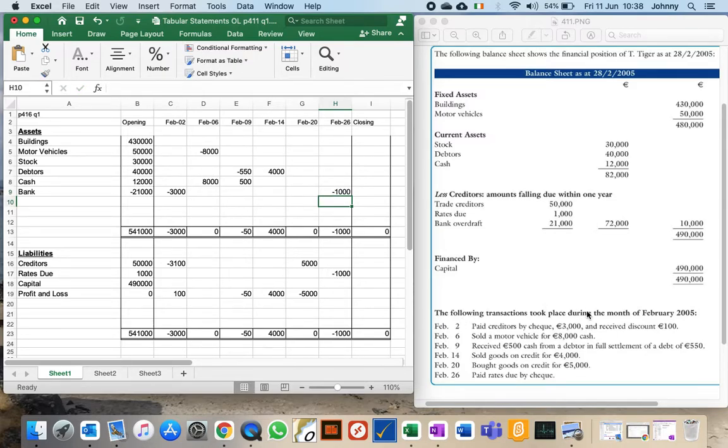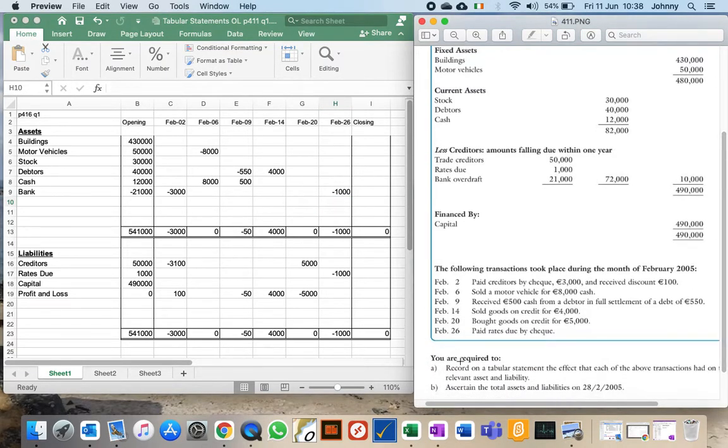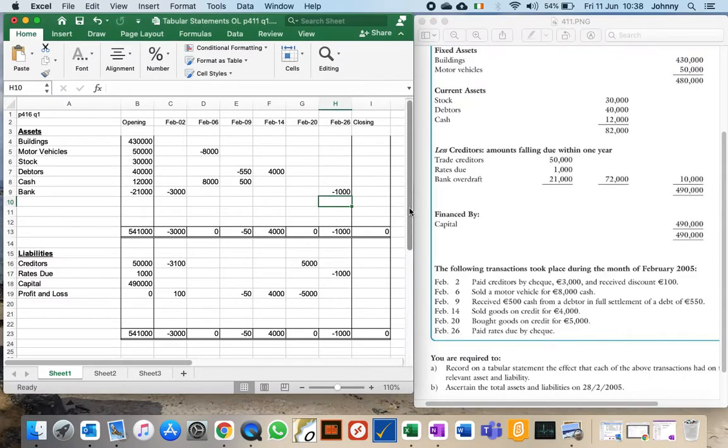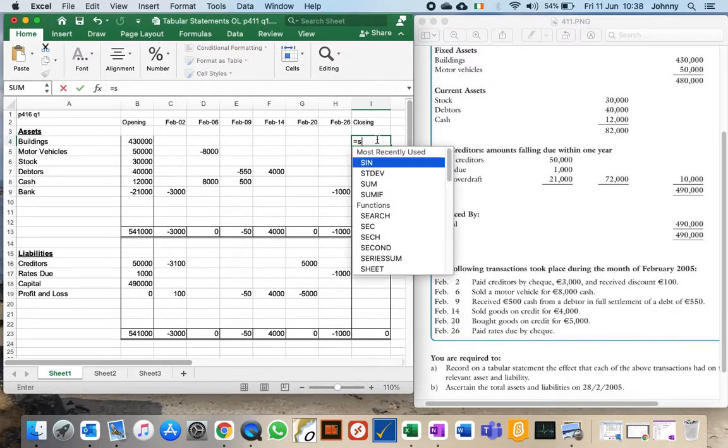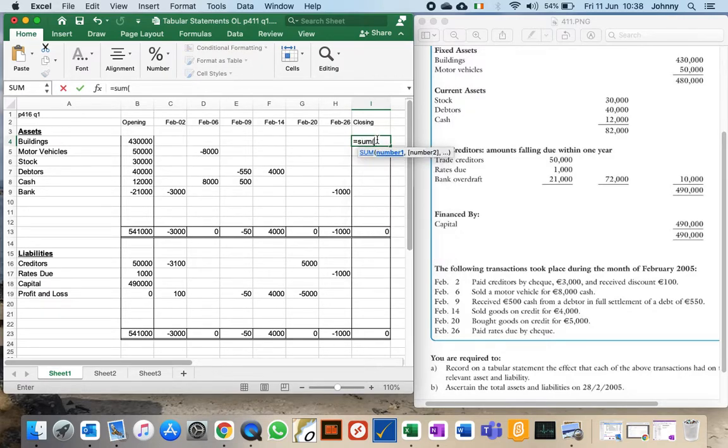So the last thing that we're asked to do in the question is to record in a tabular statement the effect of the transactions, we've just done that, and ascertain the total level of assets and liabilities at the end of February. So basically what we do is we add along. So we add everything, I'll get Excel to do this for me, from the opening situation right up to the closing situation.